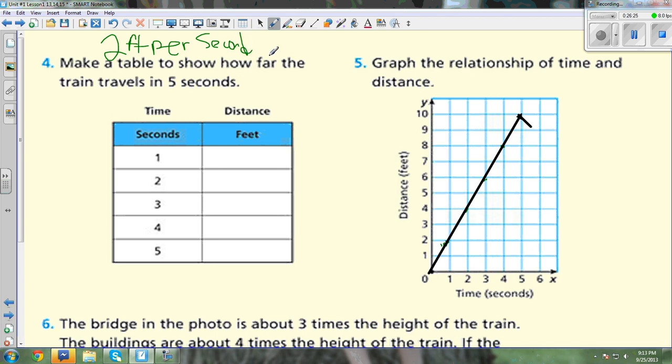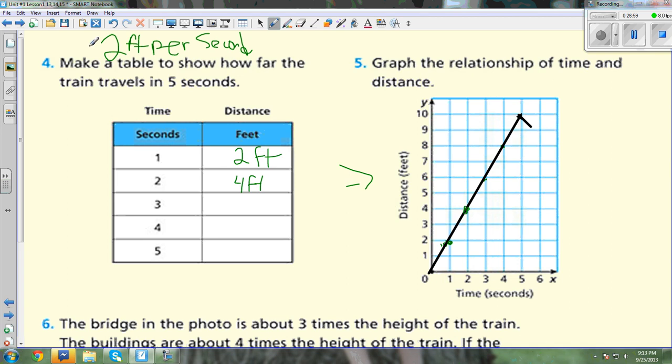Okay. All right, in 1 second, it would travel 2 feet. 2 seconds, it would travel 4 feet, until you get to 5 seconds. Then over on the right, it wants you to graph the relationship of time and distance. So in 1 second, it traveled 2 feet. 2 seconds, it traveled 4 feet, and so on.